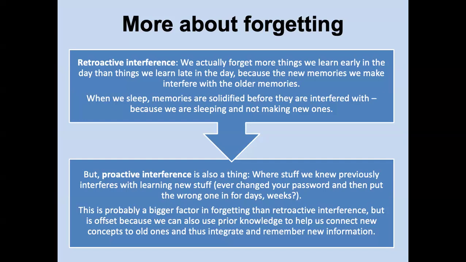Proactive interference is probably a much bigger factor in forgetting than retroactive interference, but because we can also use this sort of prior knowledge to help us connect new concepts to old ones, we can integrate and remember new information better, right? So it kind of balances itself out a little bit.